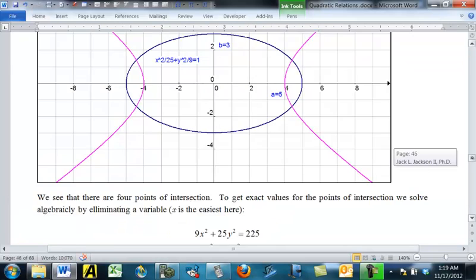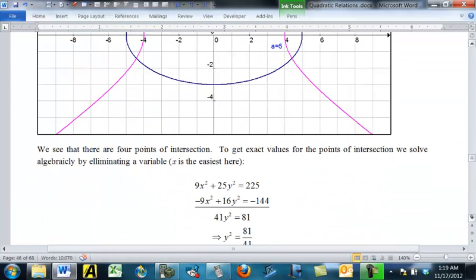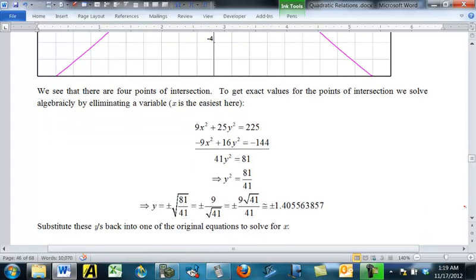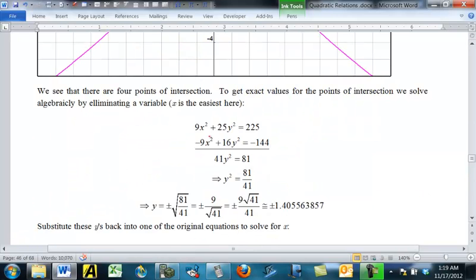And if I want to solve this, I can use some techniques that we did for solving equations before. I can use elimination. These were already the same. We just have to multiply by -1 to get them to be opposites, and then this will cancel out, and now we can solve for y squared. And when we take the square root, you get plus or minus.